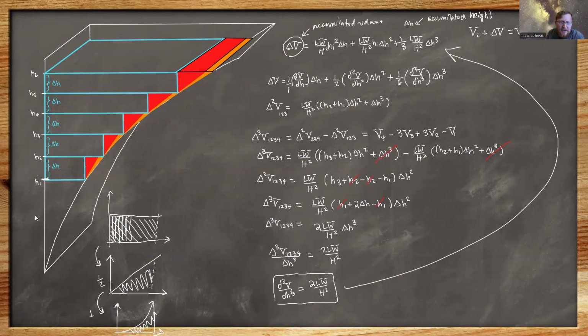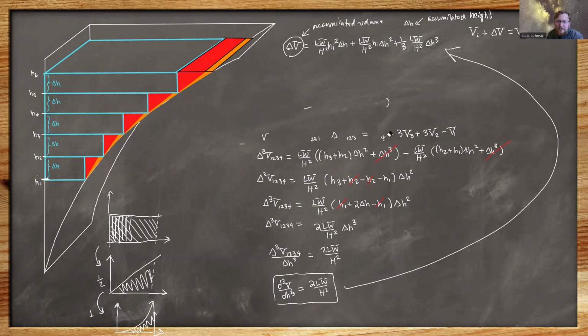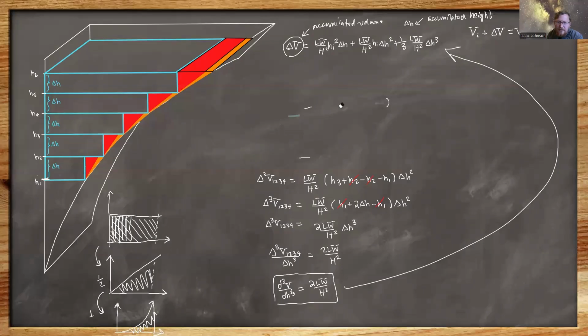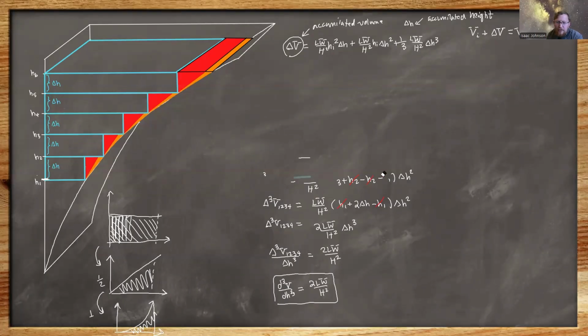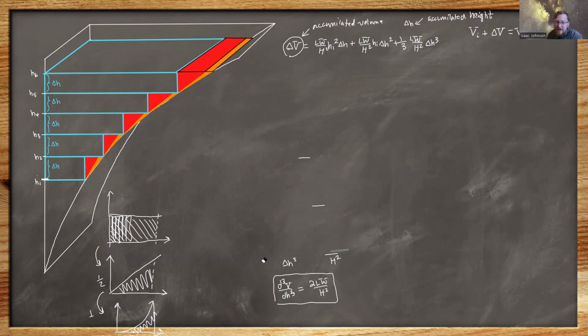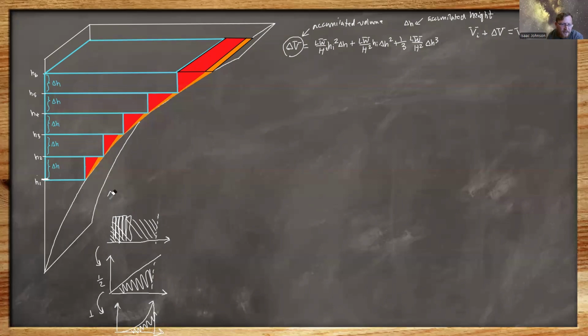So what we're going to do next is take this true change in volume, the true accumulated volume, and we're going to break it down into little chunks of equivalent sizes to the accumulated volume.